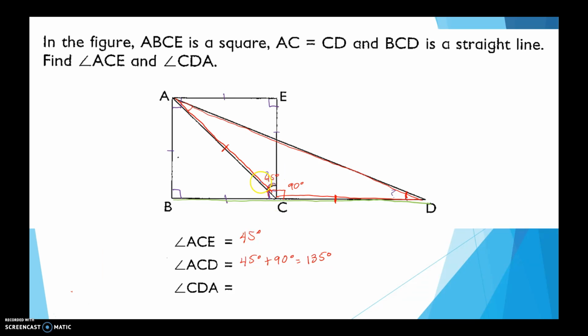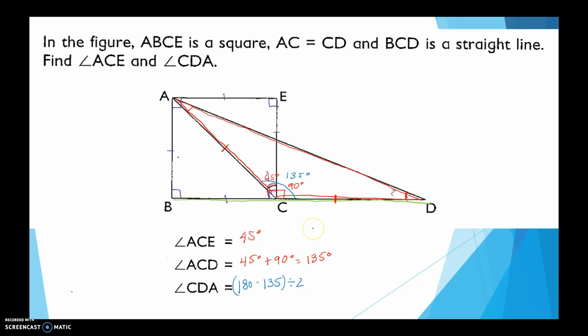So this right here is 135 degrees. Well, now that we know the vertex angle of that isosceles triangle, I can find the base angles. All I need to do now is subtract 135 degrees from 180 and divide by 2.